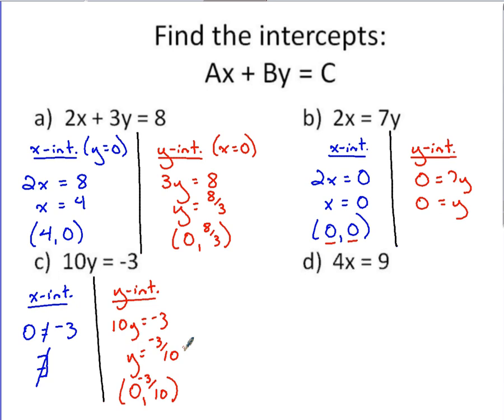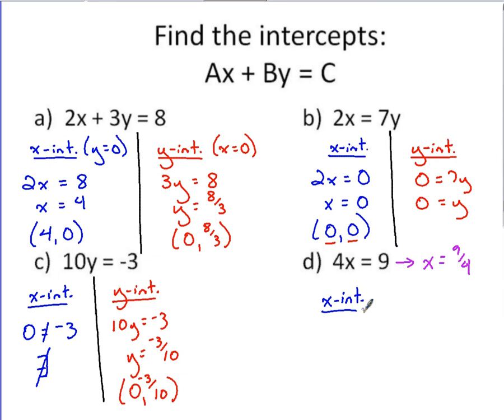Just like part D here, right? Part D is a special line. If you solve this for x right away, x would equal 9/4, right? So when it's x equals just a number, that's a vertical line. If it's a vertical line, are we going to have an x-intercept? We'll have an x-intercept, right?